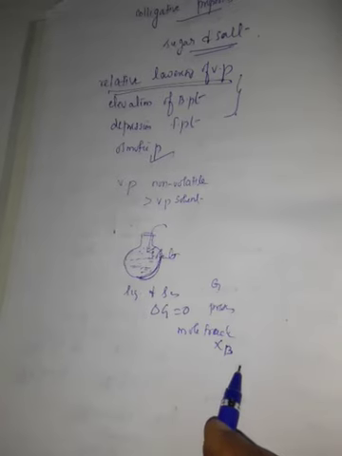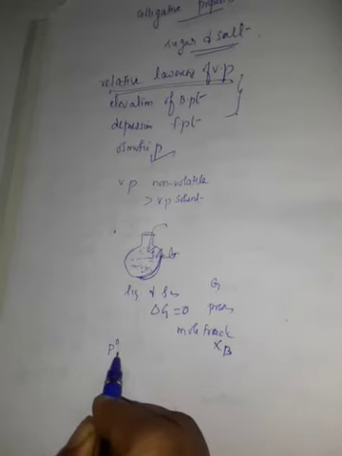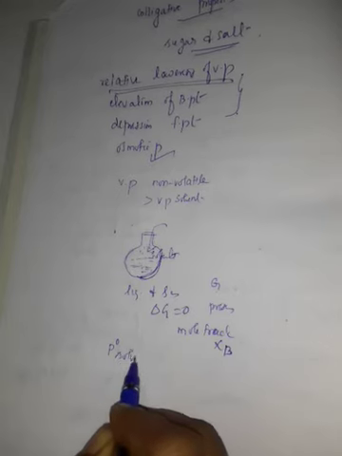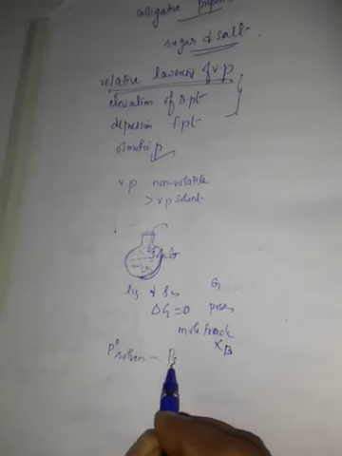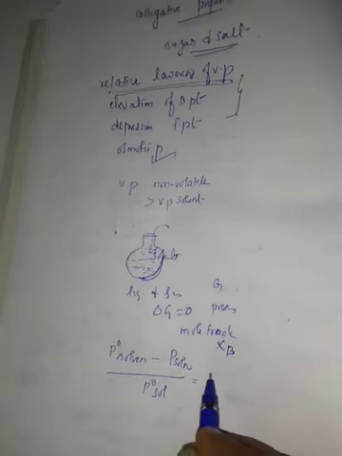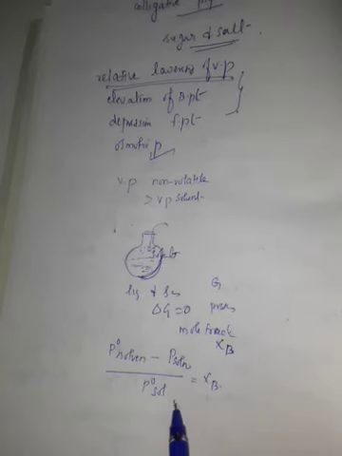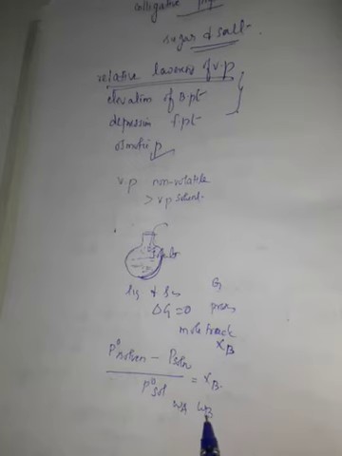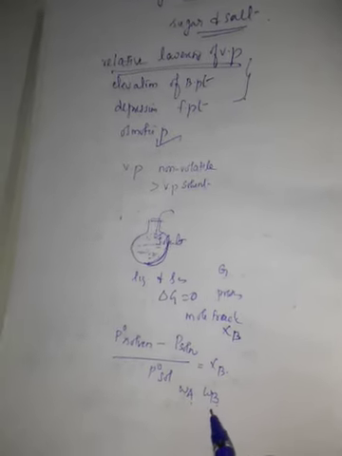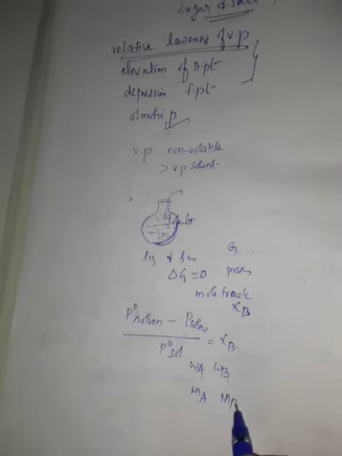According to Raoult's law, the relative lowering of vapor pressure is given as (P naught minus P) by P naught, where P naught is the pressure of the pure solvent and P is the pressure of the solution, equal to XB, the mole fraction of the solute. Now let Wa and Wb be the weights of the solvent and the solute, and their molar masses be Ma and Mb.